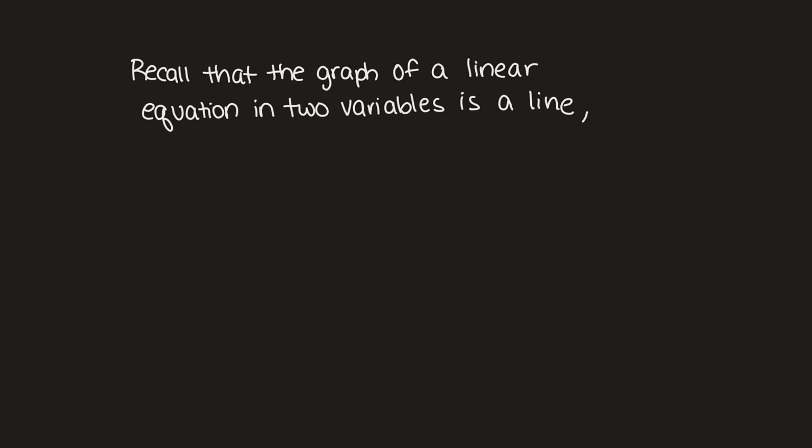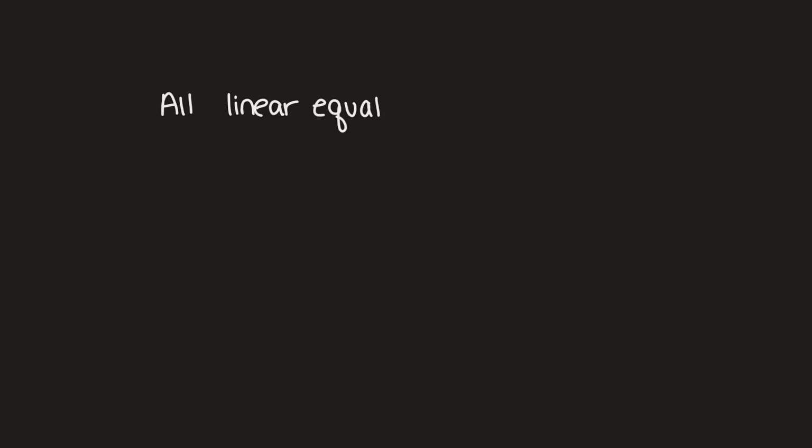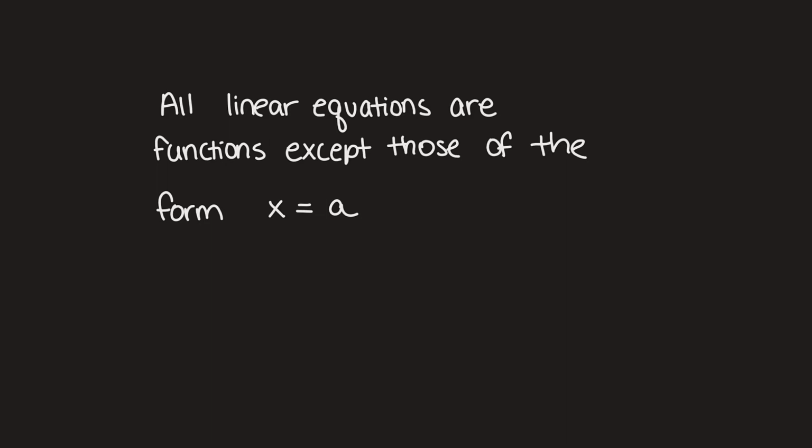So recall that a graph of a linear equation in two variables is a line, and a line that is not a vertical line will always pass the vertical line test. All linear equations are functions, except those of the form x equals a, which is a vertical line.